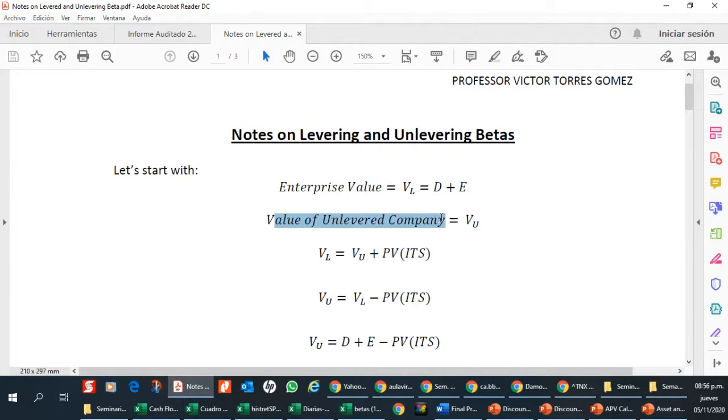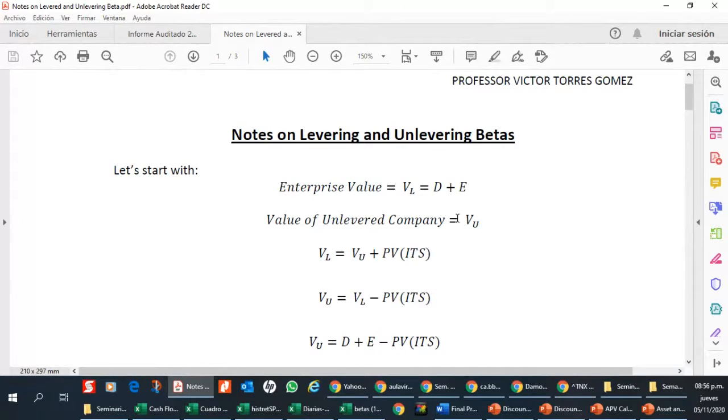I'm going to assume that there is a company that does not have any leverage. So imagine a company that doesn't have any debt. If that is the case, remember, in that case, assets equal equity. And we are going to define that as the value of the unlevered company.